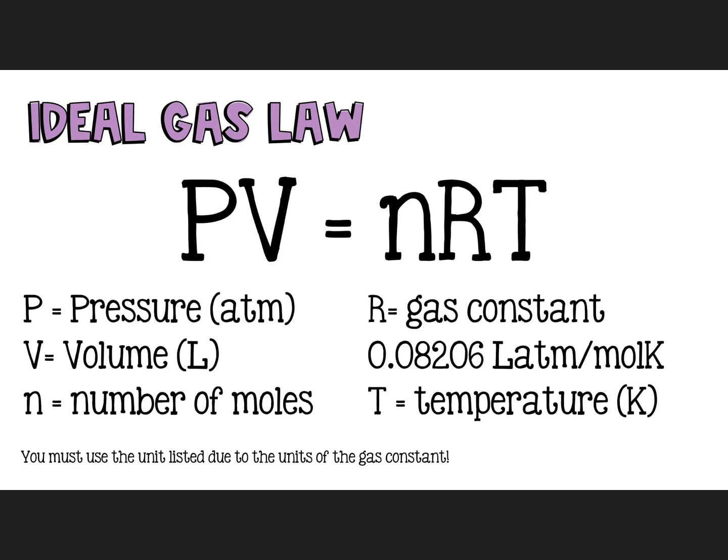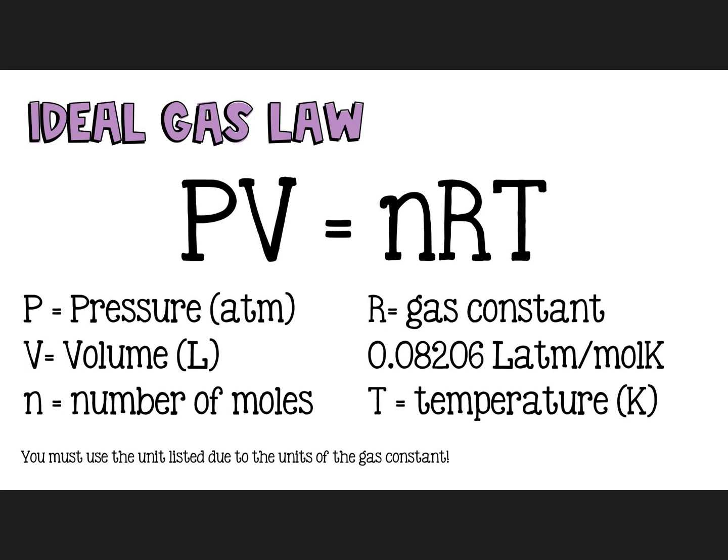The ideal gas law is PV equals nRT, where P is the pressure in atmospheres, V is the volume in liters, n is the number of moles, R is a constant called the gas constant, which is 0.08206 liter atmospheres per mole Kelvin, and T is the temperature in Kelvin.